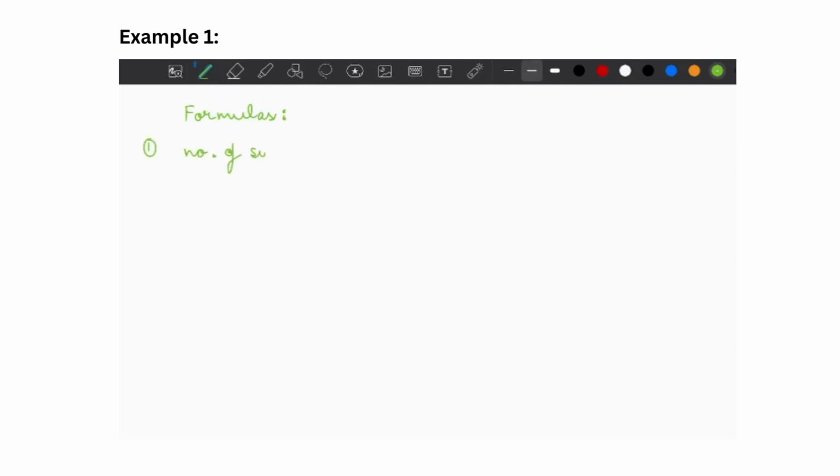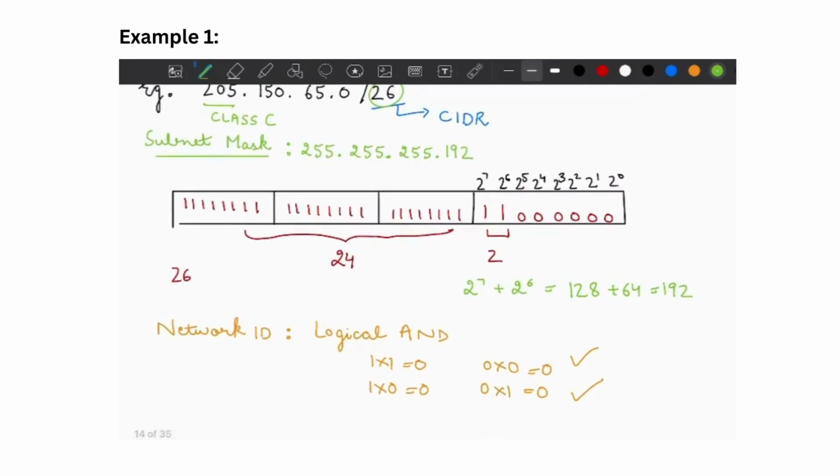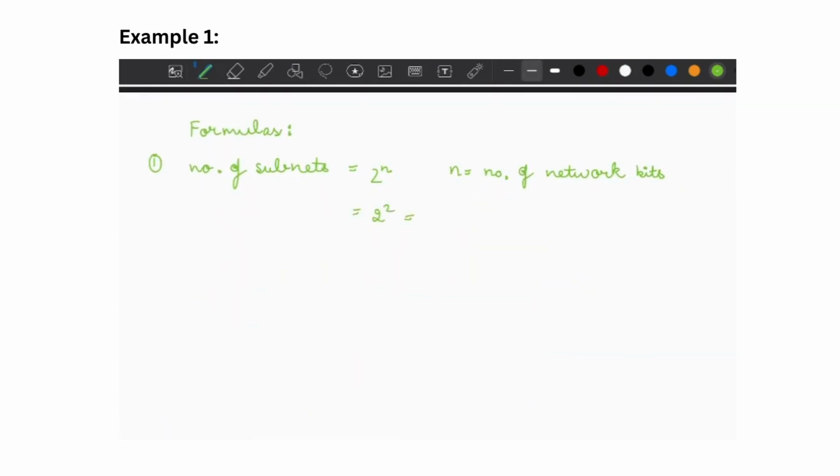The number of subnetworks is 2 raised to the power n, where n stands for the number of network bits. As we remember, the number of network bits in the last octet is 2. So the value of n here will be 2, and the number of subnets is 2 raised to the power 2, which is equal to 4.